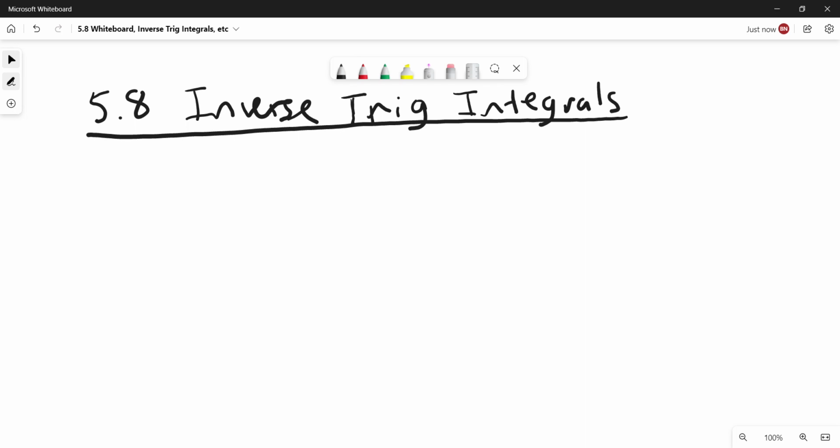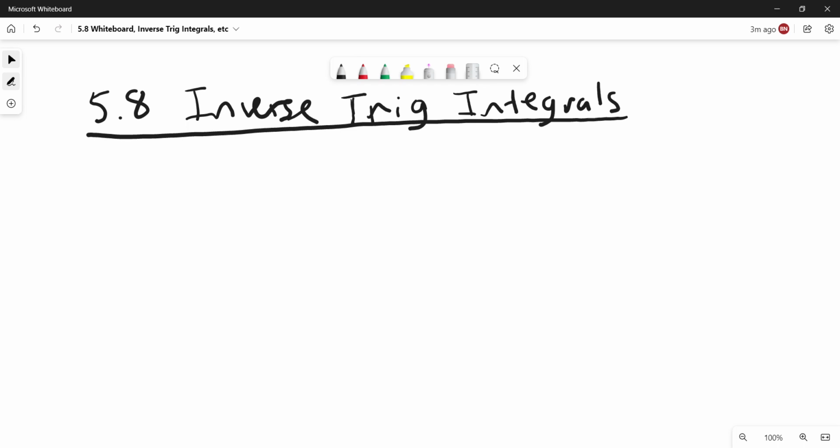Okay, so 5.8 starts with inverse trig integrals. You'll notice in the box on page 363, you might be thinking, oh, look, there's only 3. Usually when we do trig stuff, there's 6. You notice there's something involving arcsine, arctan, arcsecant. Your first question might be, well, where's arc cosine, arc cotangent, arc cosecant?